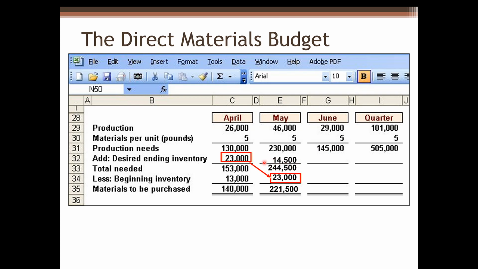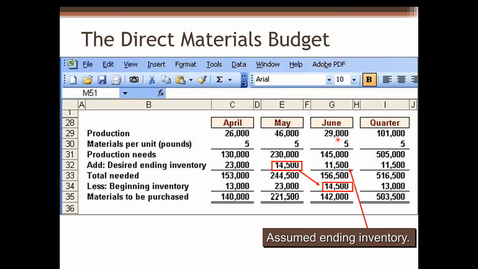Then we get the total needed, 244,500, minus beginning inventory. Beginning inventory in May is the ending balance in April, which is 23,000. Materials to be purchased in May are 221,500.